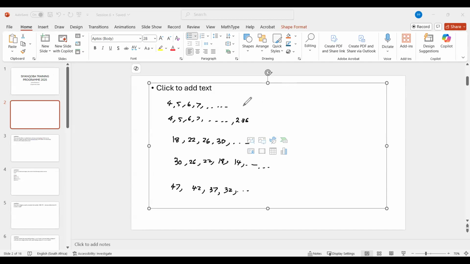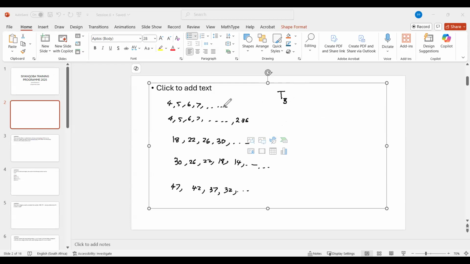Okay, so in a sequence like this, you have the terms, and we write down T for term, and we put a small number at the bottom, for instance, make it 3. This is a symbol which says the third term.